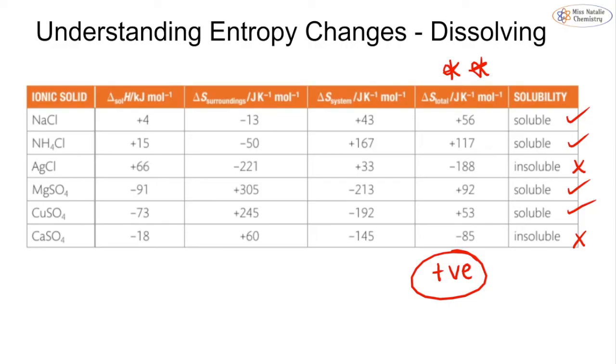And again, the magnitude for the surroundings for silver chloride is very high in comparison to the system, again giving us this negative number. So if we have a negative total entropy, the substance is insoluble.